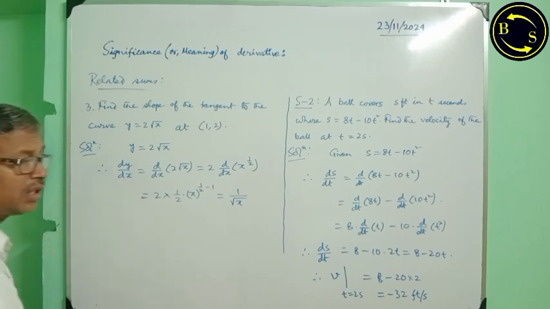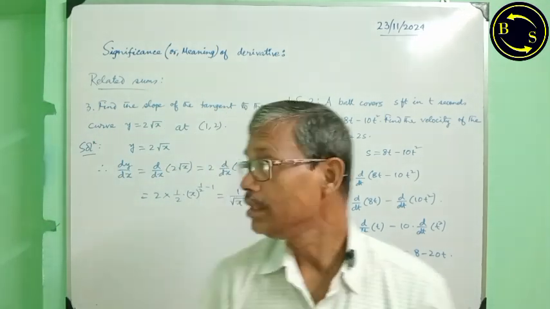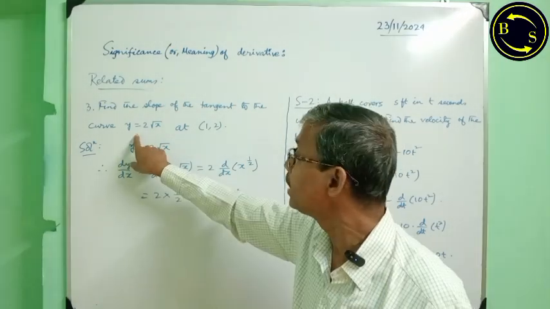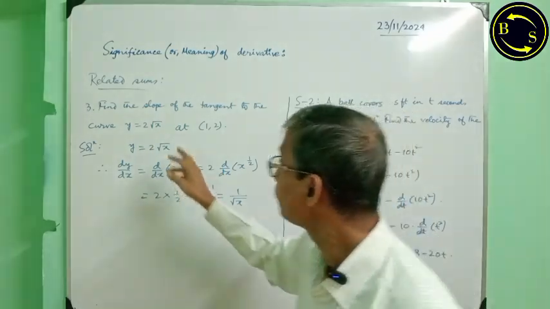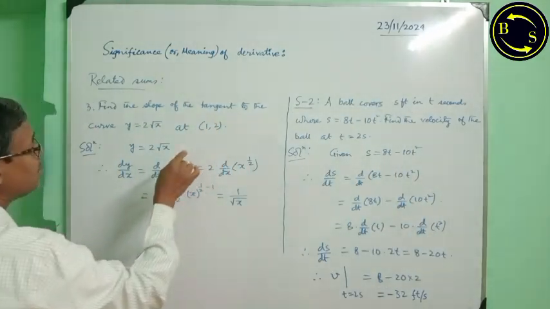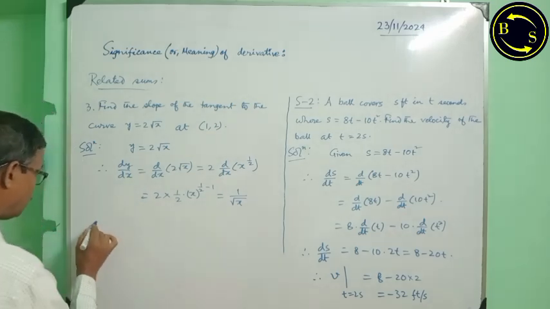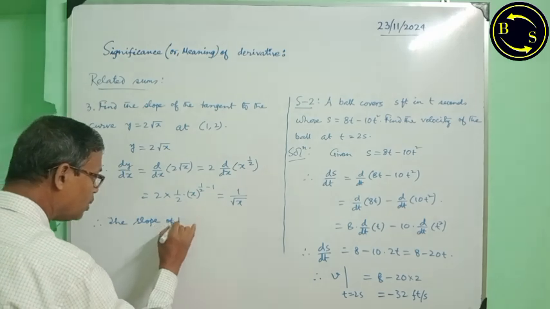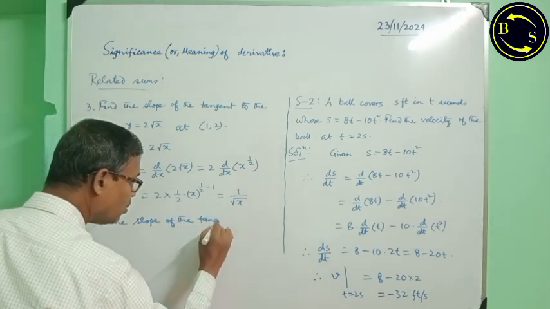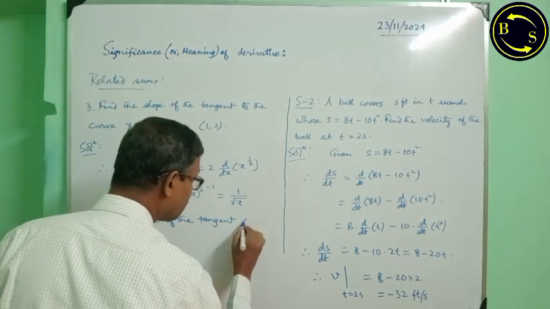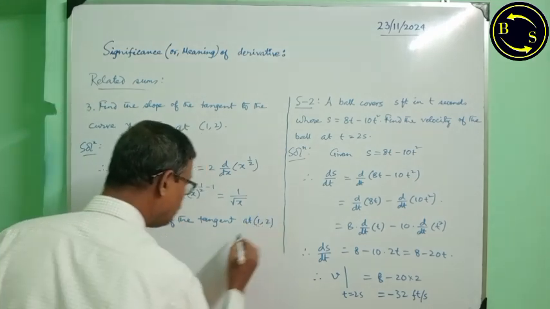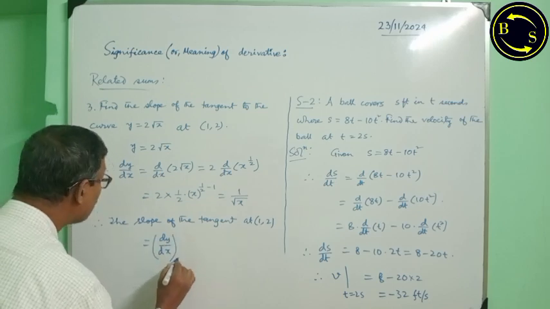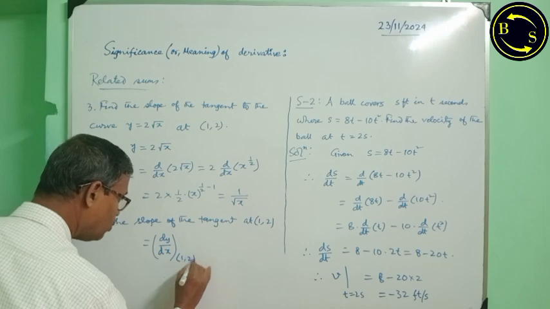Now the geometrical meaning of dy/dx is the slope or gradient of the tangent to this curve y equal to 2 root x at any point (x, y). Therefore, we have to find the slope of the tangent at 1, 2, which is equal to dy/dx at the point 1, 2.